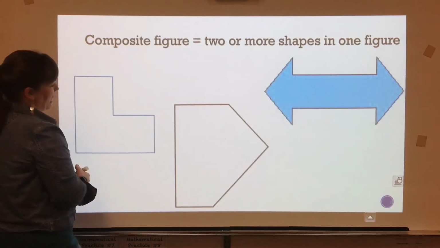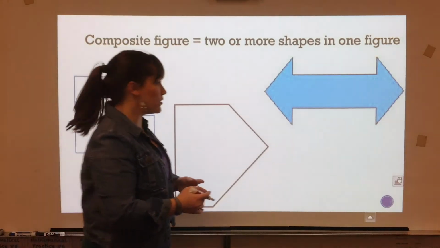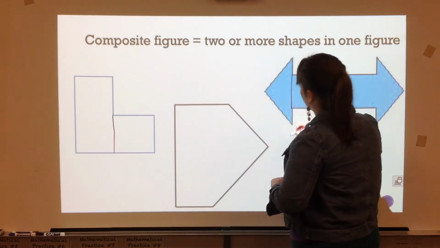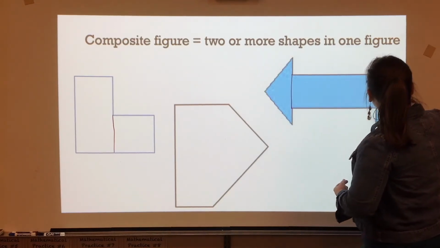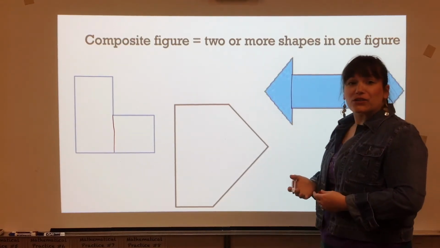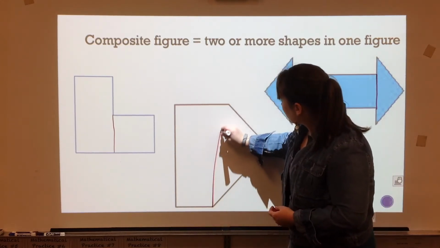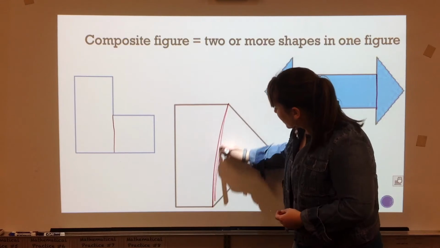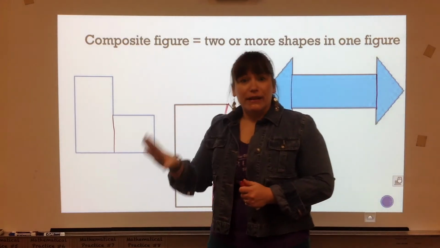So I can draw lines in different parts of the shape and make smaller shapes. We talked about that when we talked about decomposing for our trapezoids, making a trapezoid into 2 triangles and a rectangle, much like this arrow. And then this ends up being a trapezoid and a triangle, if I can make a straight line there. So we're going to deal with this again next video.